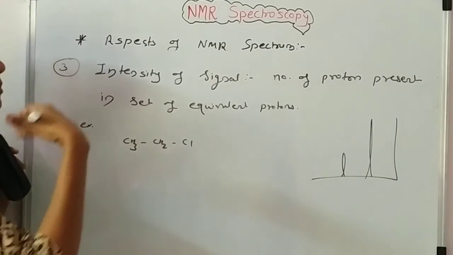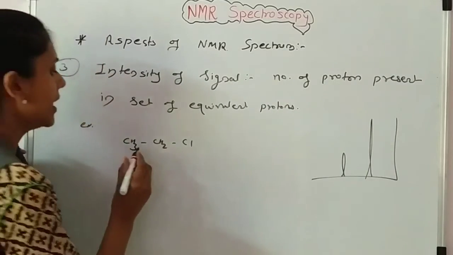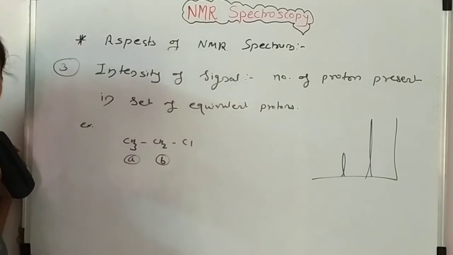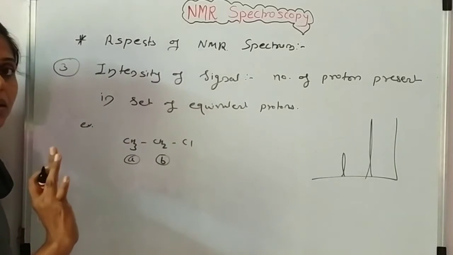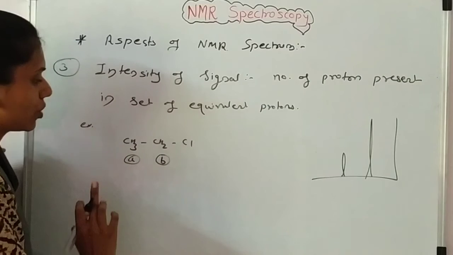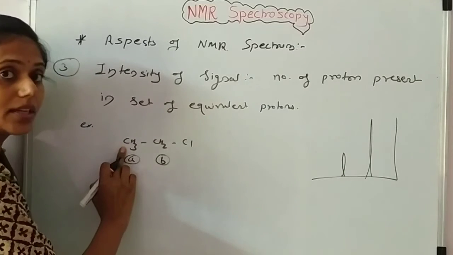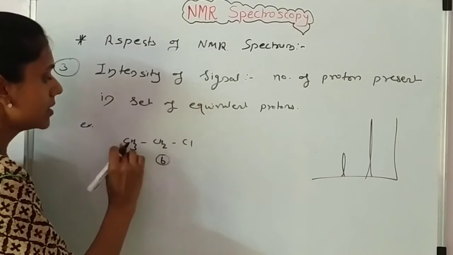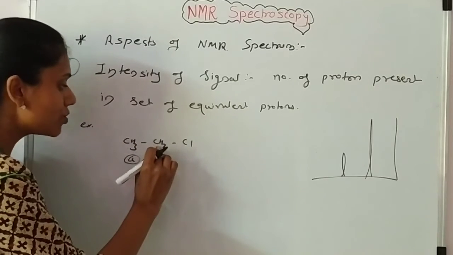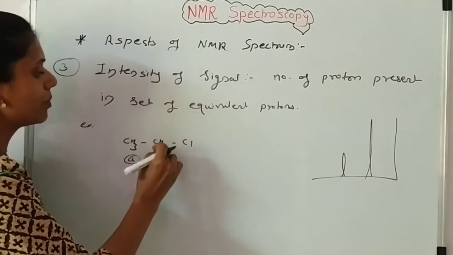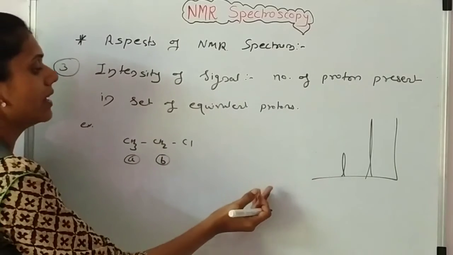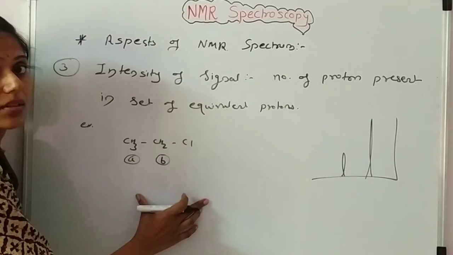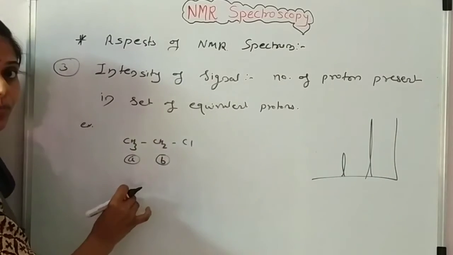Since we study the number of signals, in this case we get two types of signal. Correct? Since there are two sets of equivalent protons with different environments. This CH3 group is attached to the CH2 group, but this CH2 group is attached to CH3 as well as the Cl group. So both are two sets of equivalent protons.